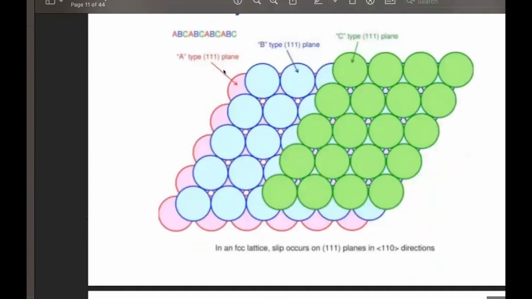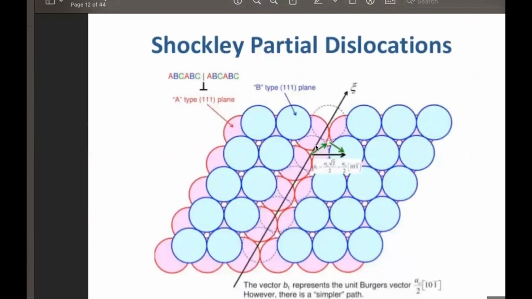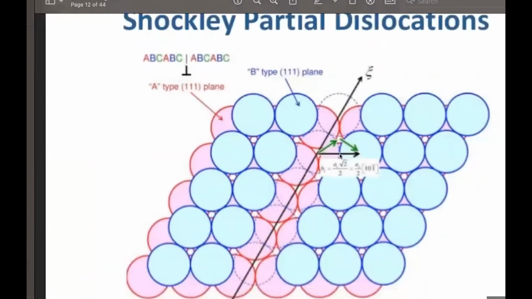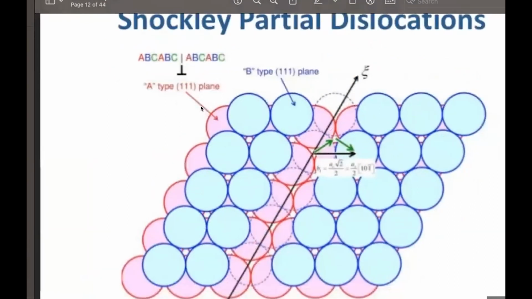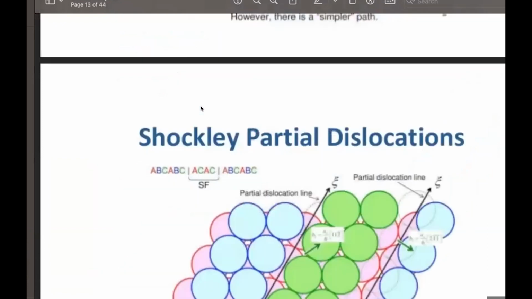We have A type of 111 plane, B type of 111 plane, C type of 111 plane. And the Shockley partials are just the splitting of this dislocation into two main partials, and we know that this is energetically favorable.